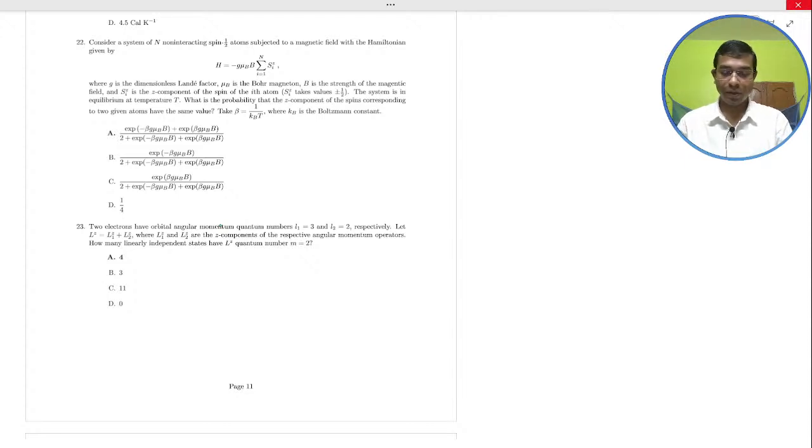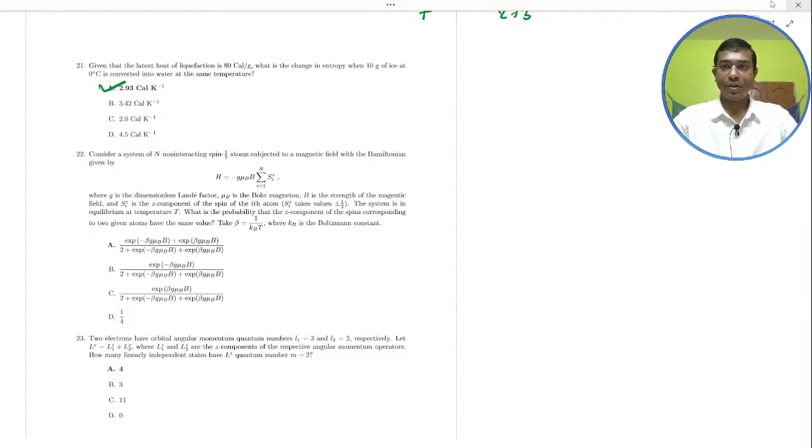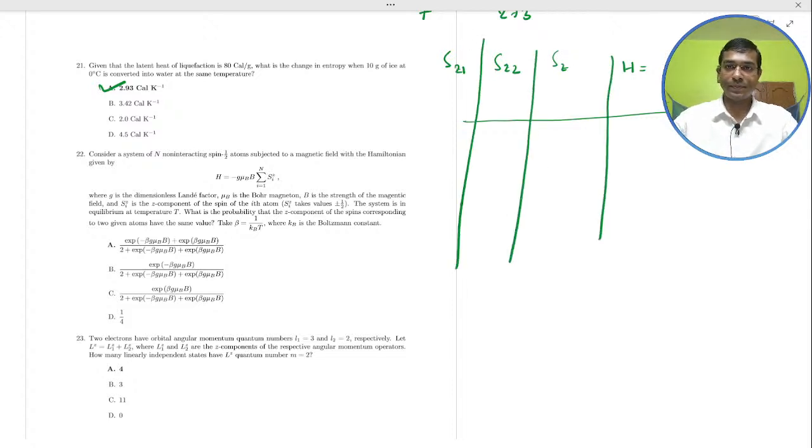Simply solve this. The possible arrangement of the spin is S1z, S2z, and the Hamiltonian is minus g mu B B summation i from 1 to 2 S_iz. For plus half, plus half, it is minus g mu B B. Plus half, minus half is 0.